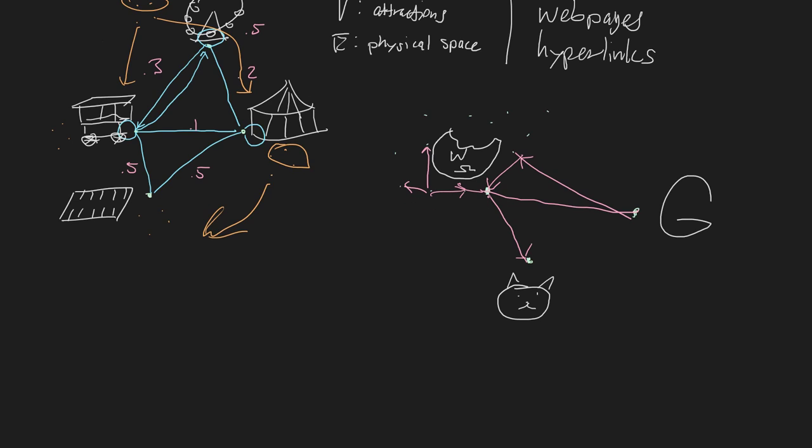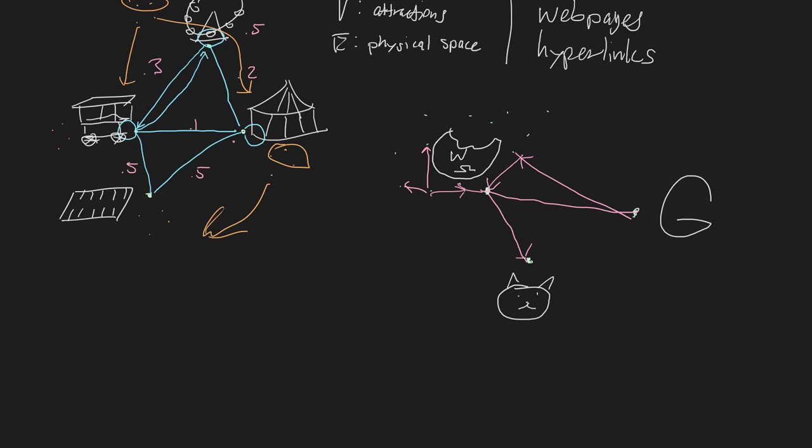So pretty much the same thing as before, except now our edge weights are dependent on the number of things that you link to, the number of outgoing edges the page has.